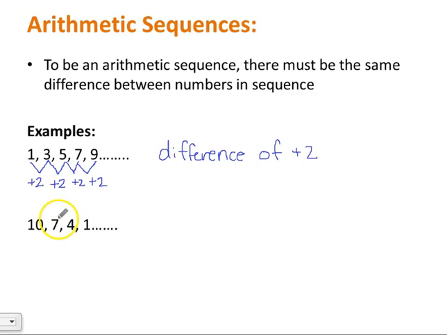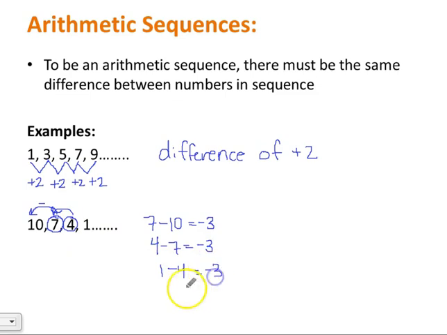So to find the difference, I take one term, like 7, and subtract from it the term before, 7 minus 10, and I get -3. If I did that with 4 minus 7, I should get the same thing. 4 minus 7 equals -3. If I take 1 and subtract from it the term before, 4, I get -3.